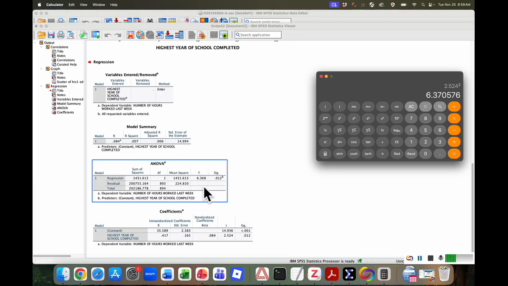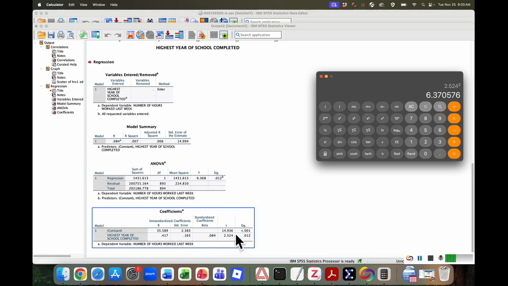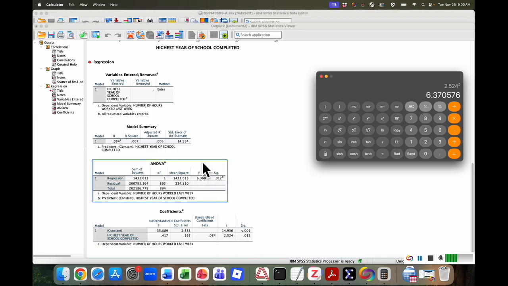You know, there's going to be some rounding error because this is not going to continue as far in the display as what is shown in the output.